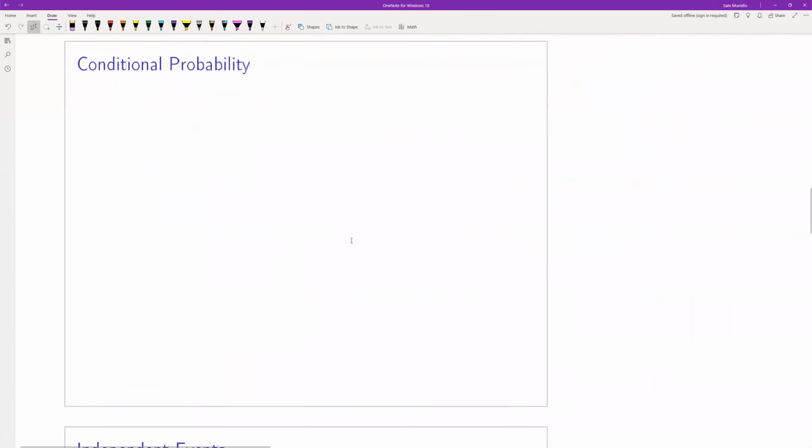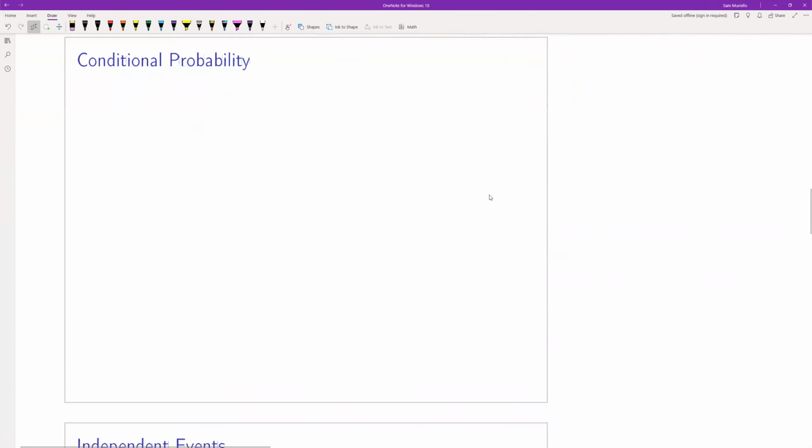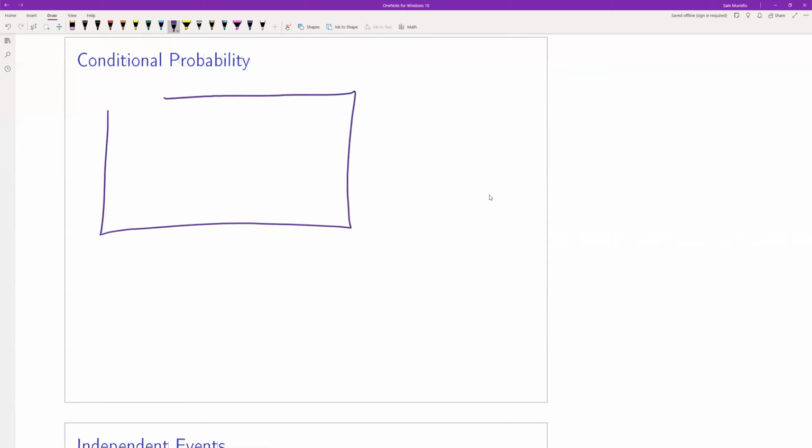Now, the next one we're going to want to look at is conditional probability. And the idea for conditional probability is that normally we are considering the entire space. A could happen, B could happen, both could happen, or neither could happen.